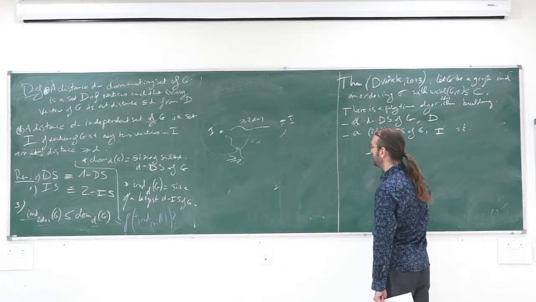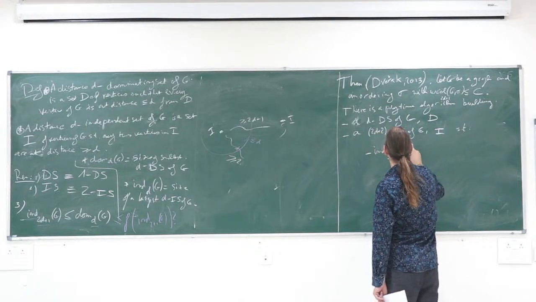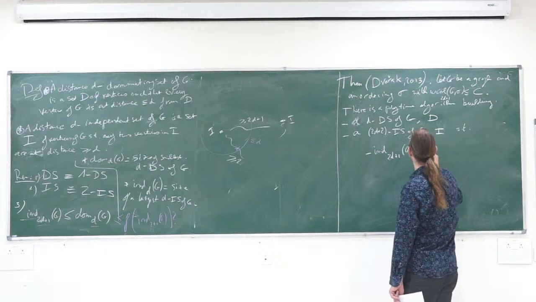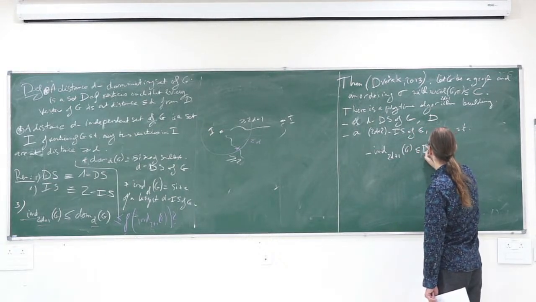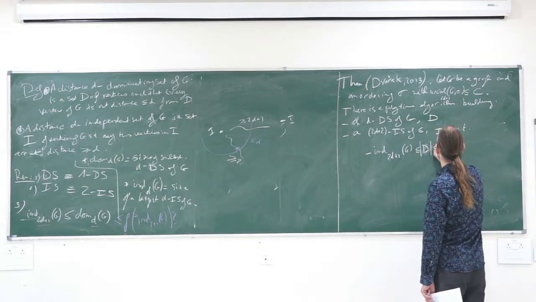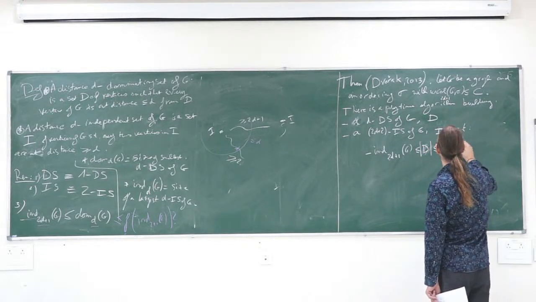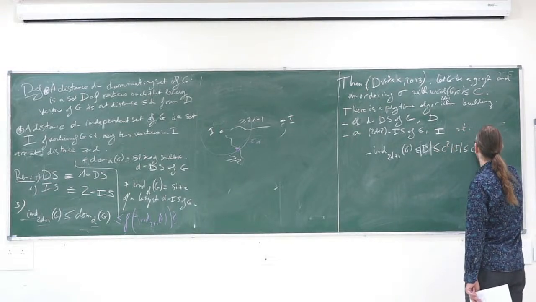I'll just put it in the chain of inequalities. The size of D will be at most C squared times the size of I.